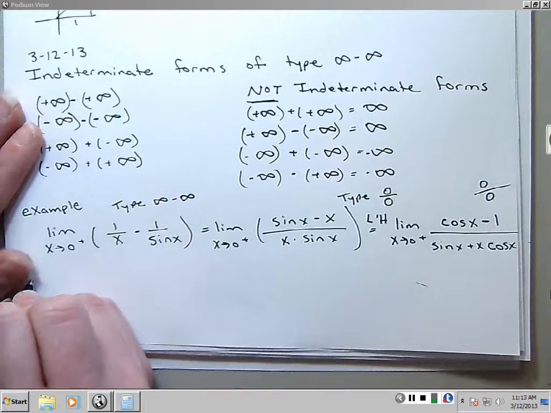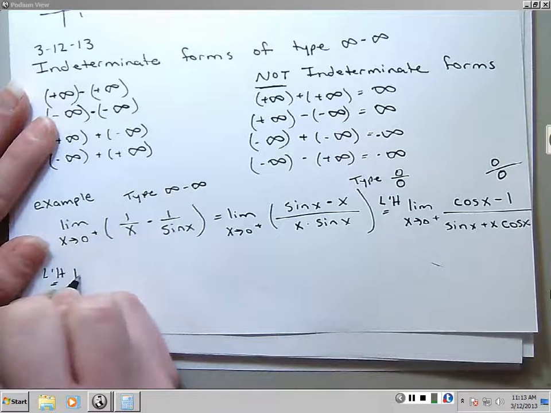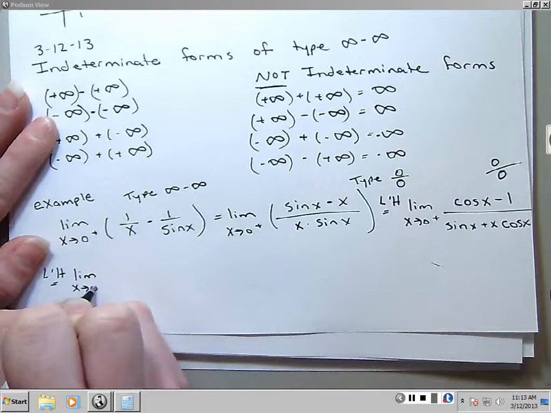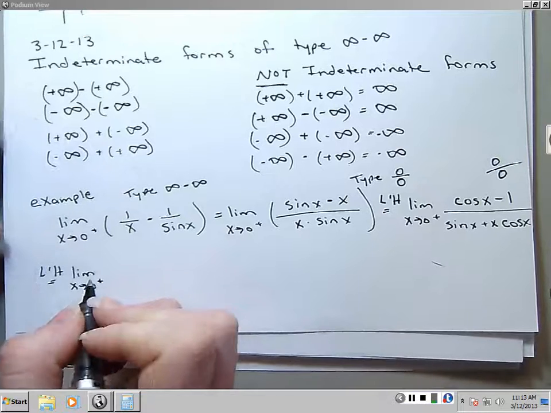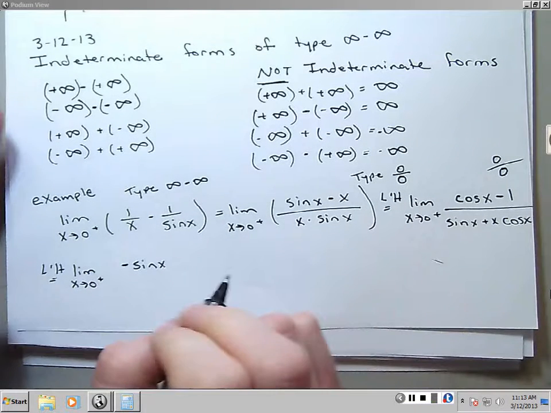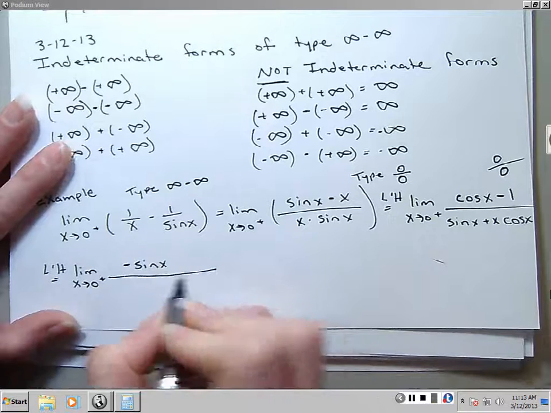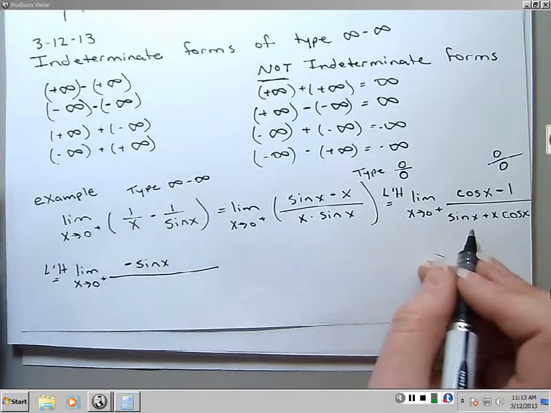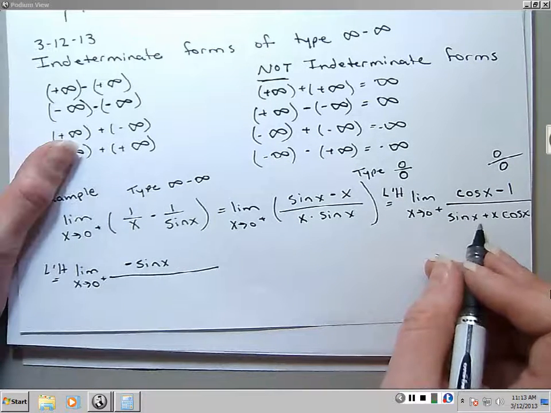So L'Hopital's rule equals the limit as x goes to 0 from the right. What's the derivative of cosine of x? Minus sine. What's the derivative of 1? 0. So then I differentiate the bottom. What's the derivative of sine?